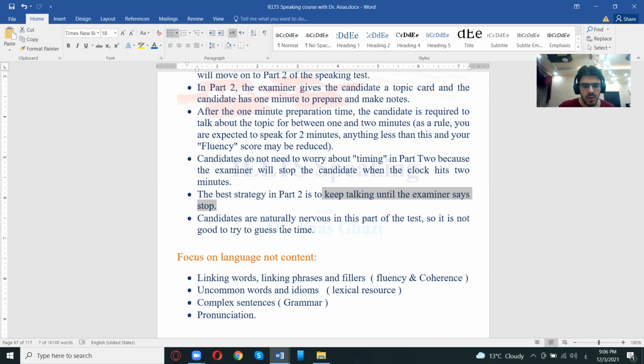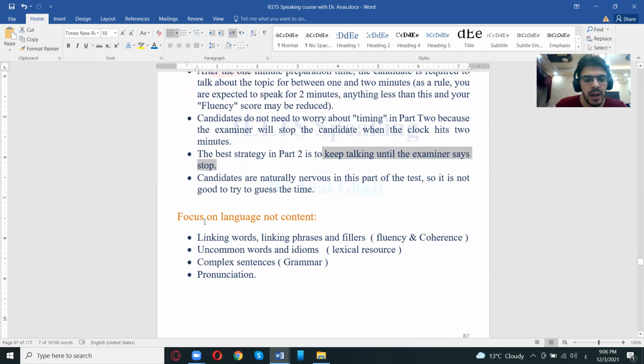As we always say, on the speaking test, the focus is not on the content. It does not actually matter whether you like the thing that you are asked about or not.